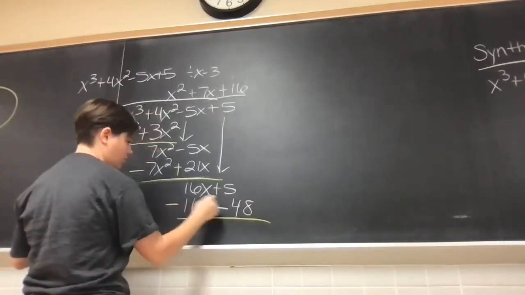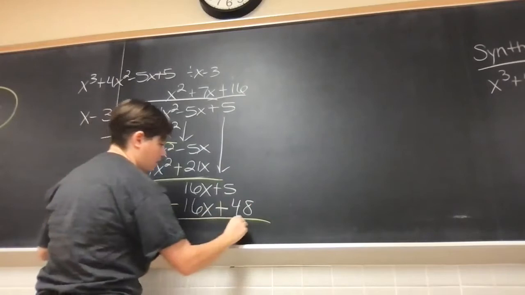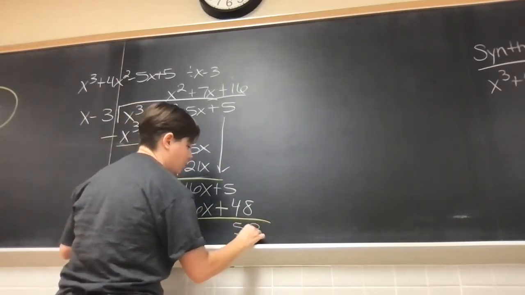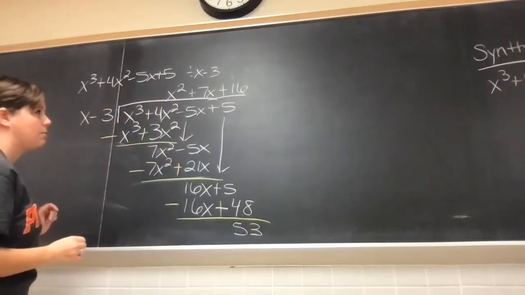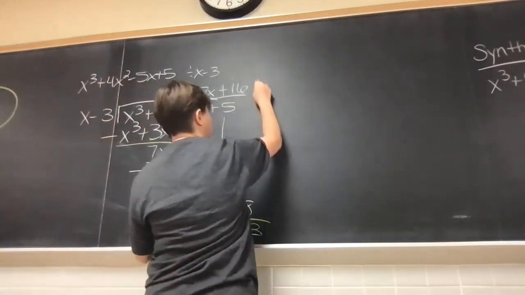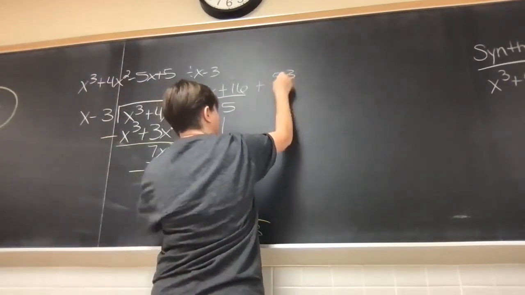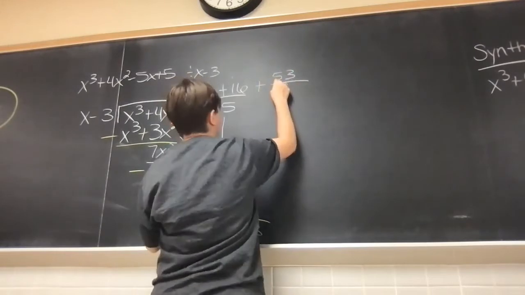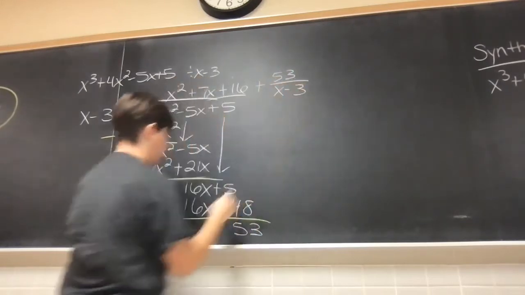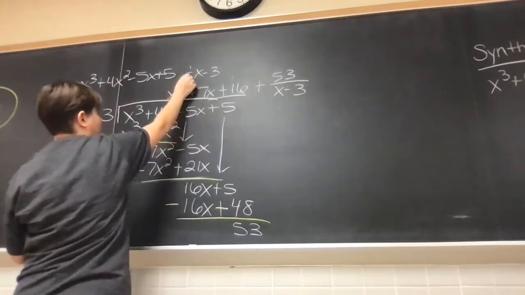Draw my line, change my signs, and I get 53. That's going to be my remainder, so I have to stick that at the end, plus 53 all over x minus 3. Stick it over what I'm dividing by.